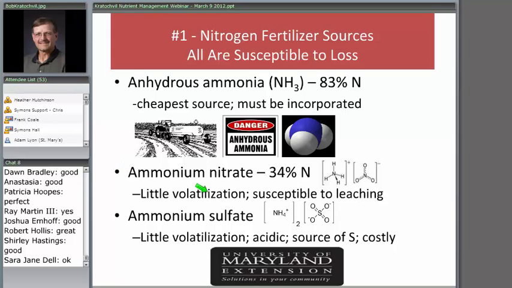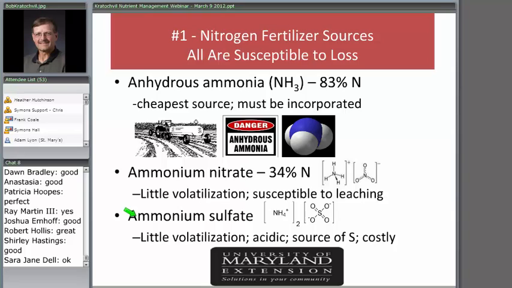It actually has very little volatilization potential. And the reason why is because ammonium nitrate has a positive charge on the ammonium coupled with a negative charge on the nitrate. So it's susceptible to very little volatilization. However, it is susceptible to leaching once it gets into the soil profile.